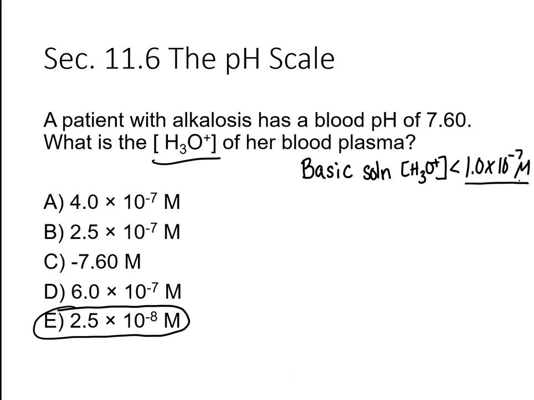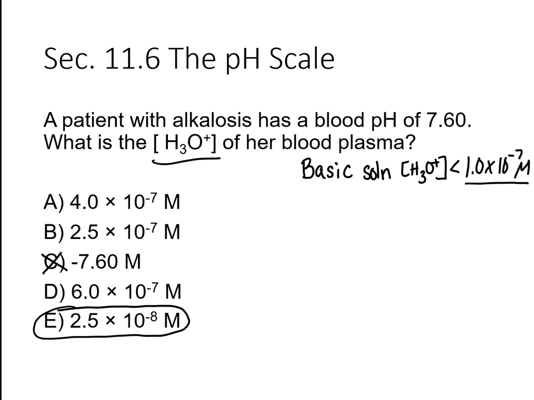If you know this, the 1.0 times 10 to the minus 7, it needs to be less than that. The only one that fits the bill and isn't negative, because pH isn't negative, so we can get rid of that one, is E. So you don't even have to pick up a calculator.